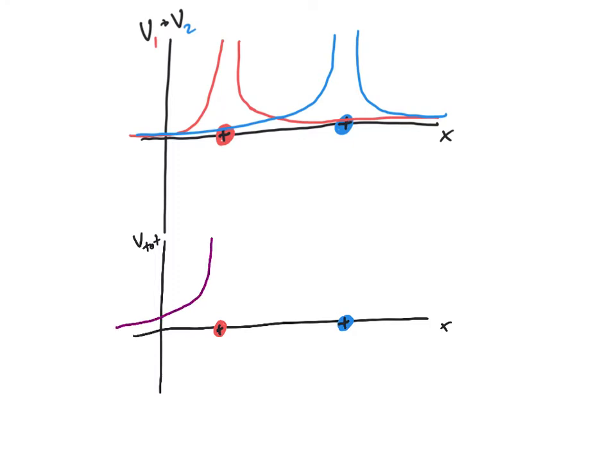On the red side, the red charge is going to dominate, so it's going to look just like the red hyperbola on the left. On the right side, it's going to be dominated by the blue charge, so it's just going to be like the blue one on the right. But in the middle, we've got this addition happening that will add together to create something that looks like a parabola in the middle.